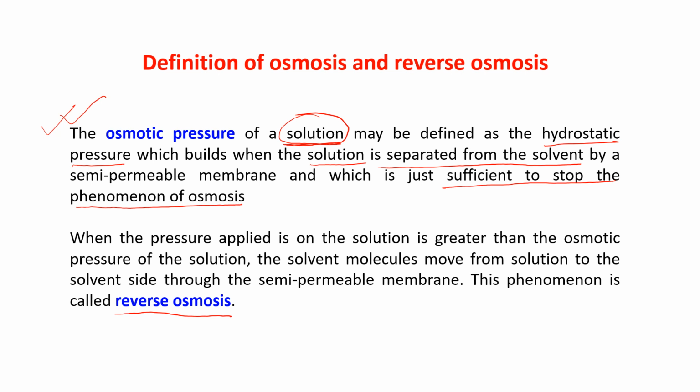The applied hydrostatic pressure is becoming more than the osmotic pressure, so reverse osmosis will take place. The solvent molecules move from the solution to the solvent side through the semi-permeable membrane, and this phenomenon is known as reverse osmosis.